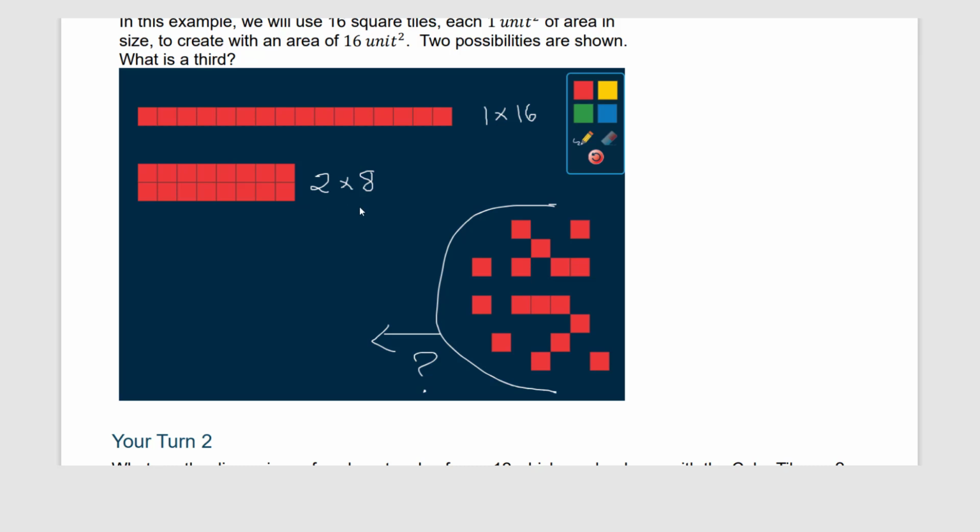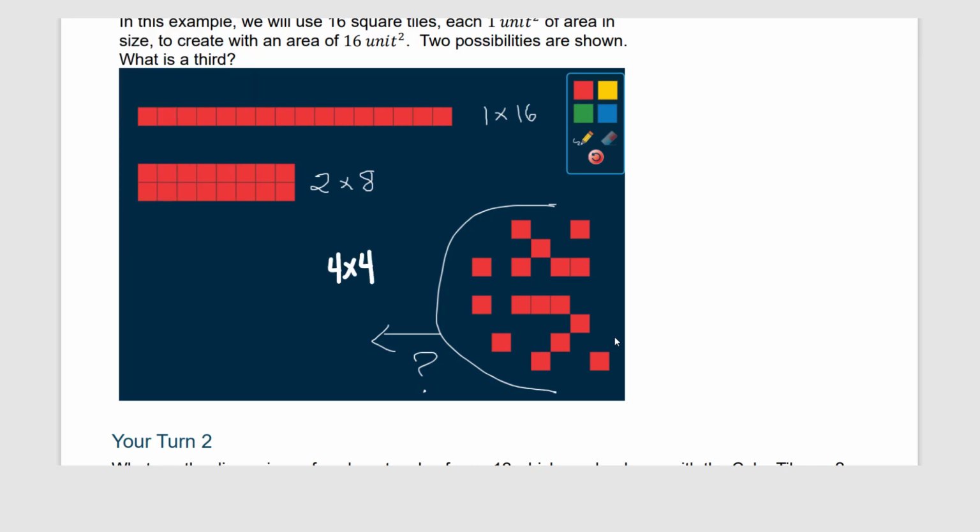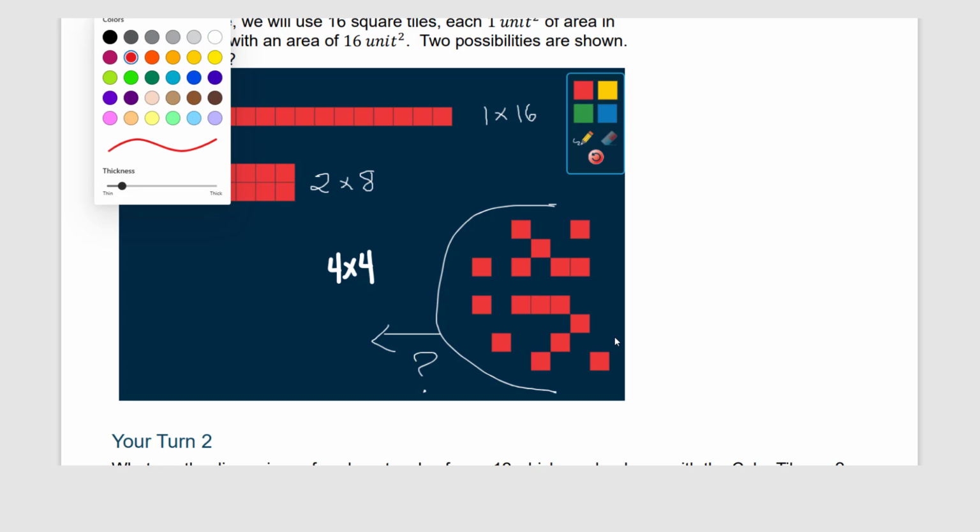What would be the dimensions of another rectangle I could form with the 16 tiles? So if you said 4 by 4, that's what I was thinking as well. In fact, that's the only other option, is a 4 by 4 rectangle.